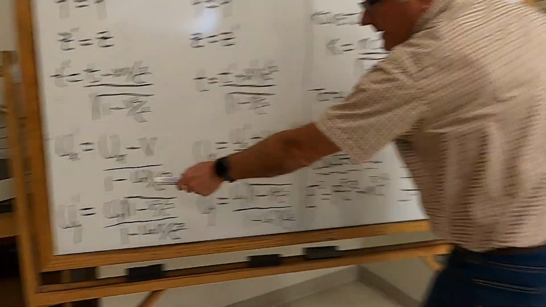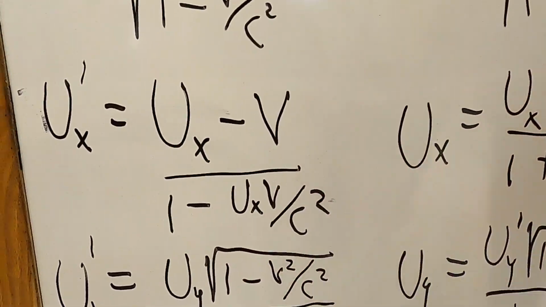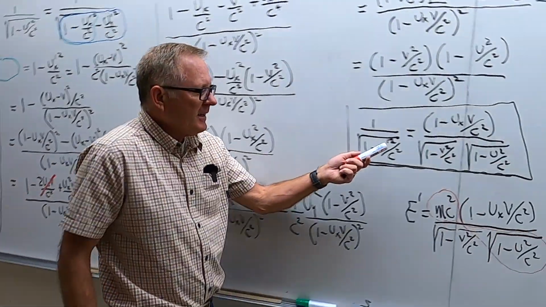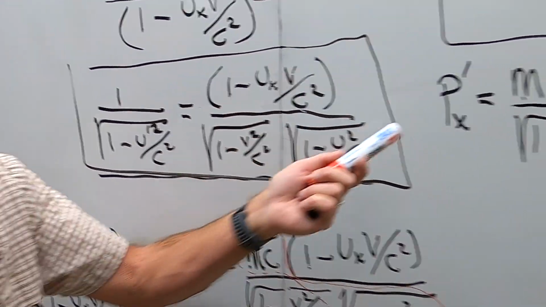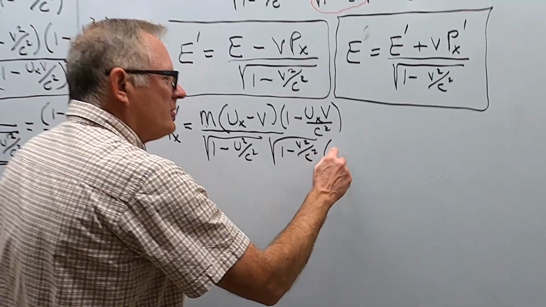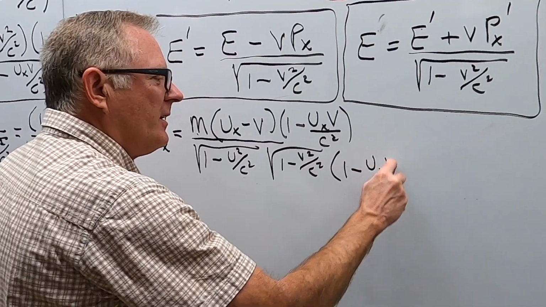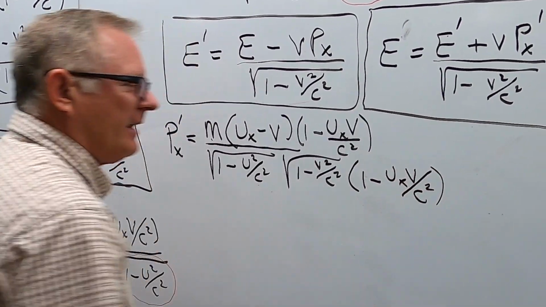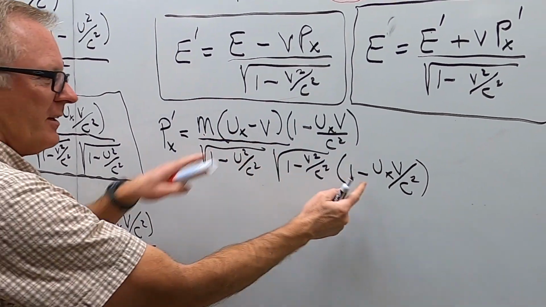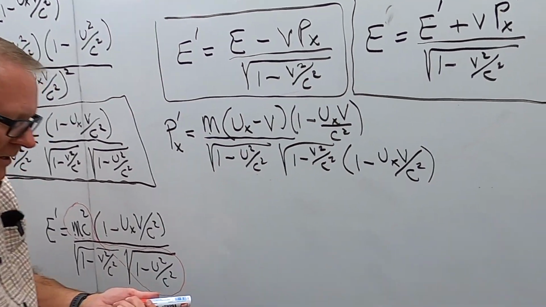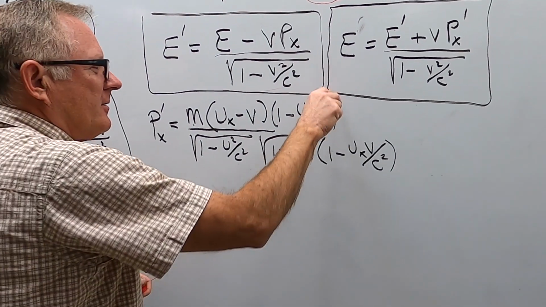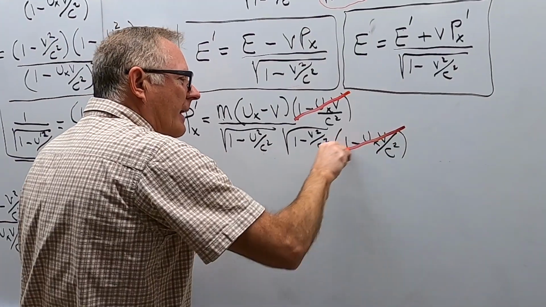Ux prime has this in the denominator, 1 minus uxv over c squared. And this had a numerator, 1 minus uxv over c squared. So there was a 1 minus uxv over c squared in the denominator here from the u. There's the u, and then the rest of this was that 1 over the square root. Okay, so that means that this term cancels with that term.